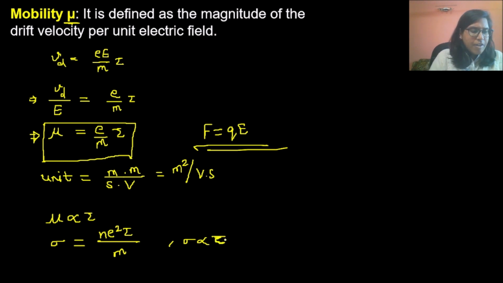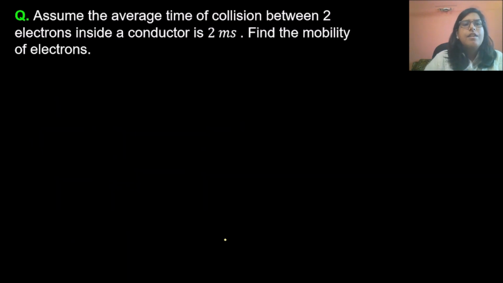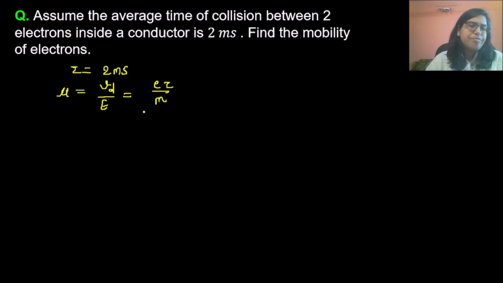Now we'll solve a question based on this formula. Assume the average time of collision between two electrons inside a conductor is 2 millisecond. Find the mobility of the electron. So tau is given 2 millisecond. Mobility was Vd by E, that is e into tau by m.